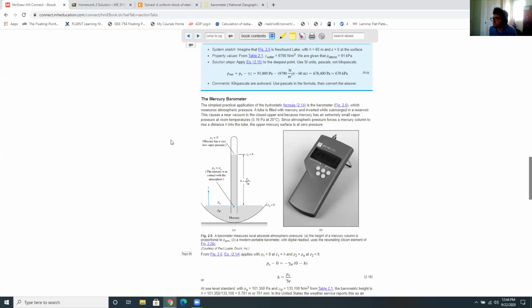Yes, because what is pushing on this mercury? Air is pushing, just like air is pushing down on me right now. It's pushing at 14.7 psi, assuming I'm at sea level.